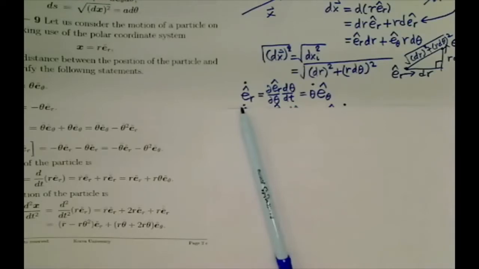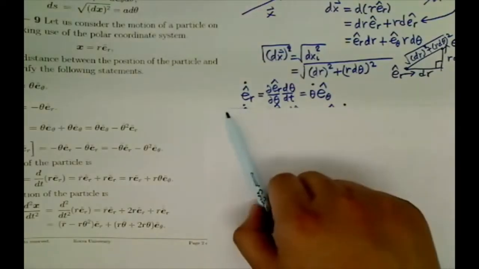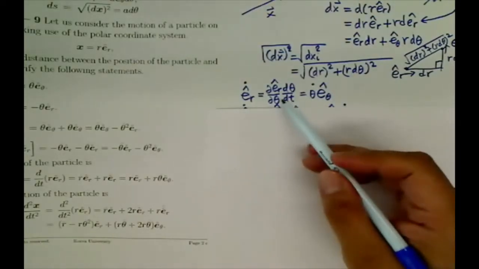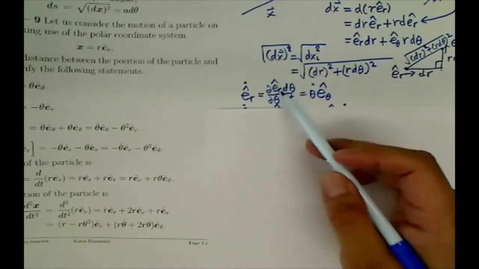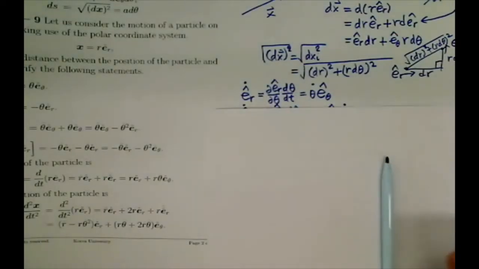So the way of computing the time derivative is just to apply the chain rule for composite functions. e_r changes depending on theta, and theta changes depending on time. Therefore, we make use of the chain rule. First, take the partial derivative of the e_r unit vector with respect to angle theta, and then take the derivative of angle theta with respect to time.